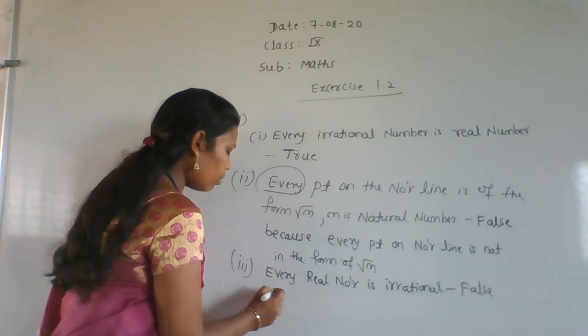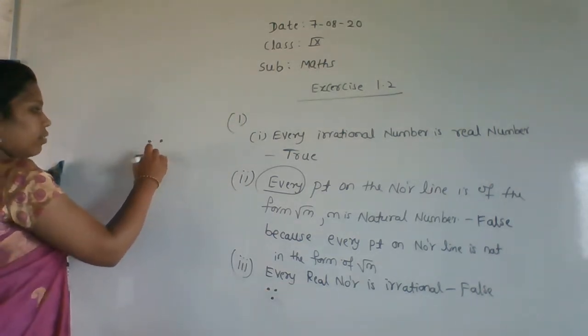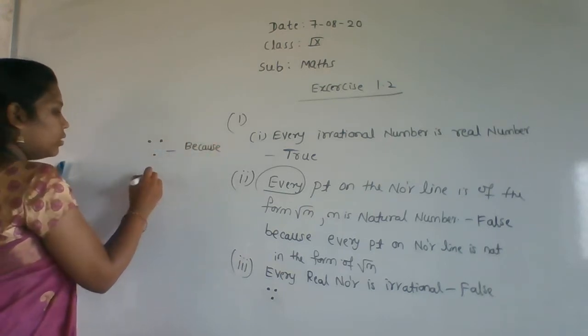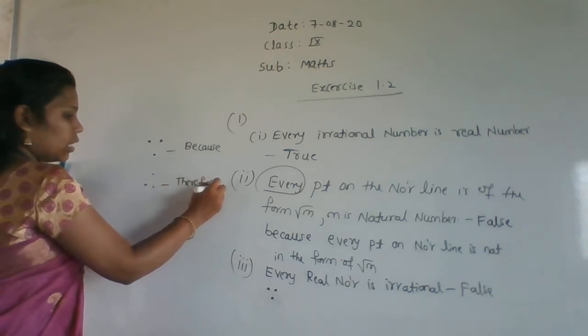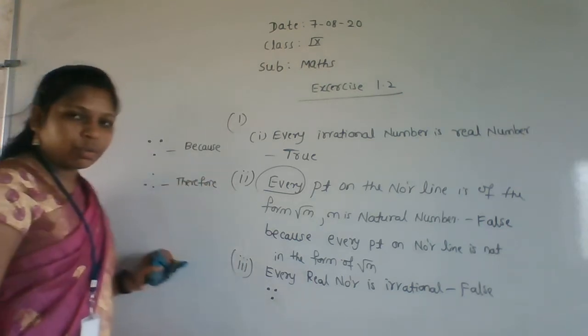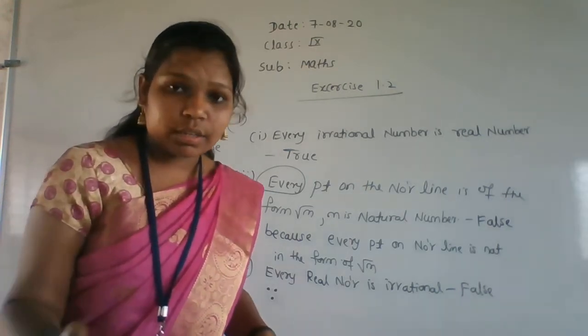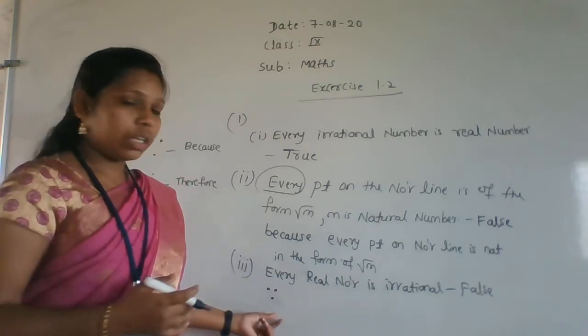So this is the symbol of because, and this is therefore. You need to know the short forms also, because in mathematics we use notations. Instead of writing the words because and so on, we'll write only notations.